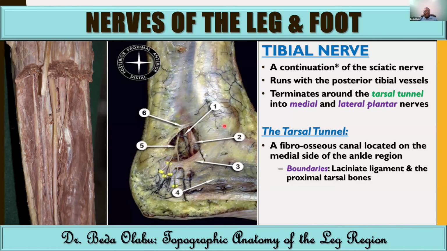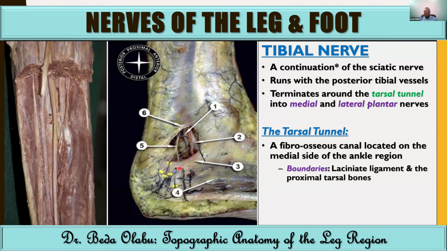So the flexor retinaculum attaches to the medial malleolus anterosuperiorly, and also the tubercle of calcaneus posteroinferiorly. The other boundaries, medial and superior, will be bony.